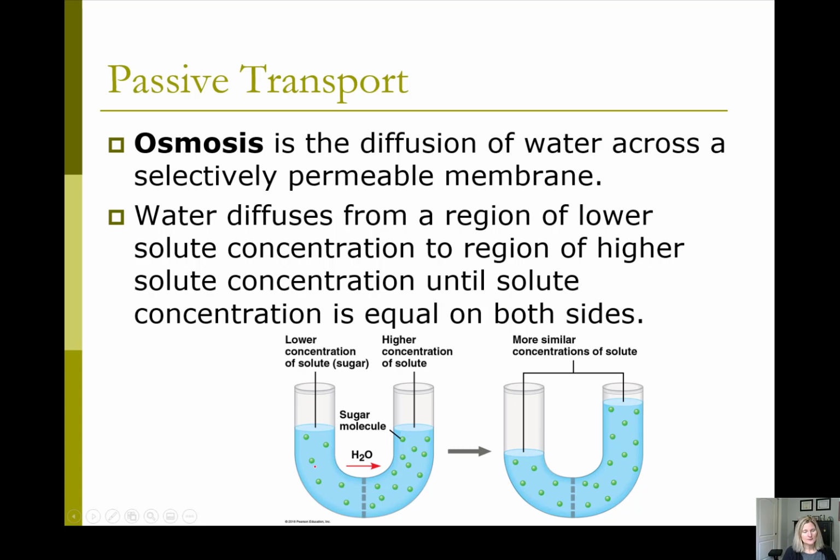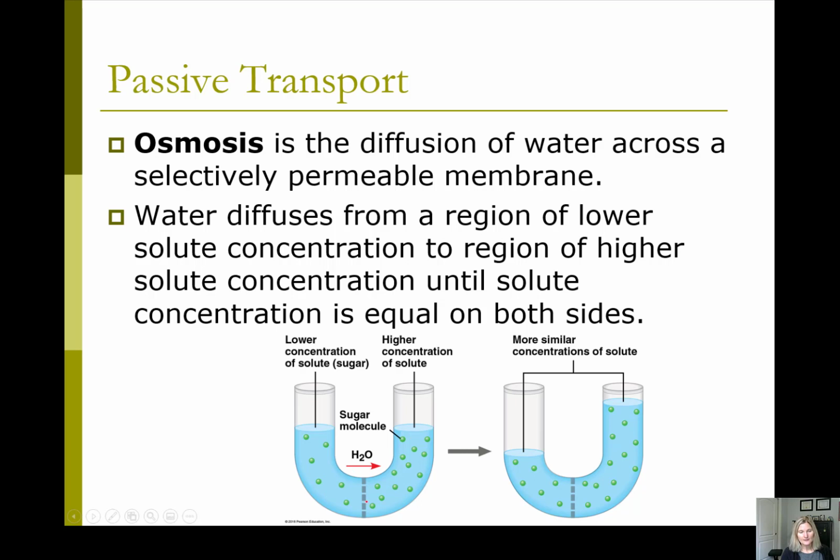If you take a look here, look at this U-shaped tube. At the base of this U-shaped tube, there's a selectively permeable membrane. This selectively permeable membrane allows water to pass through, but not these green molecules. These green molecules are just too big to fit through. On one side of this tube, we have water as well as the solute suspended within it.